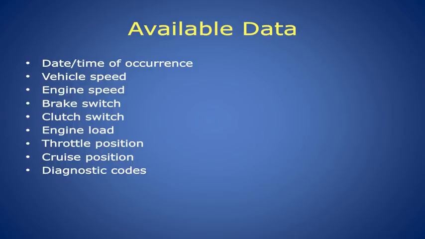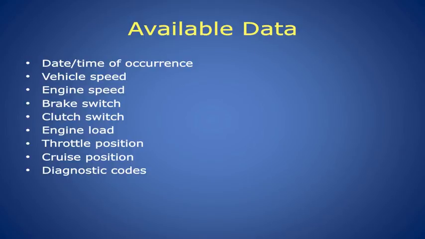It's going to show the vehicle speed, and again, that vehicle speed is going to be up to 59 seconds before the hard brake. The engine speed, which is the RPMs of the engine. It's going to show whether the brake was actually applied and at what point. It's going to show at what point the clutch was applied. It's going to show the load of the engine in percentage, whether that tractor was really working hard at the time it was braked.